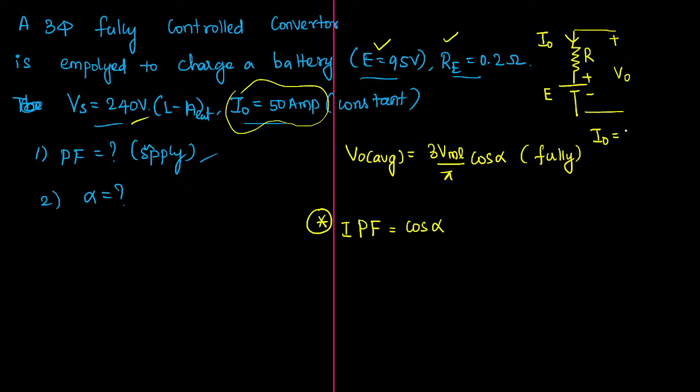I naught can be written as V naught minus battery E, upon R. This is the formula that we use for RE load and also for RLE load, because the inductor will be short circuited. So RLE also gives the same formula. So this is done: I naught average, and here V naught average.